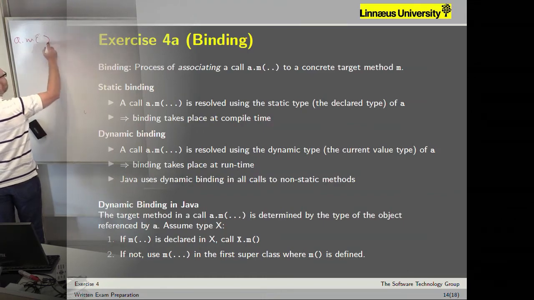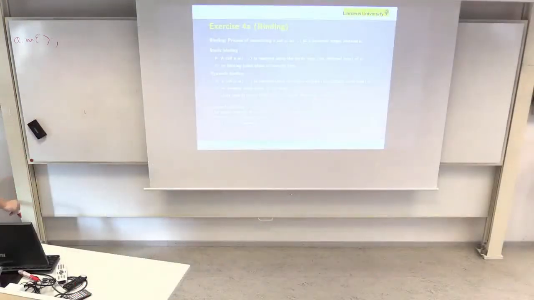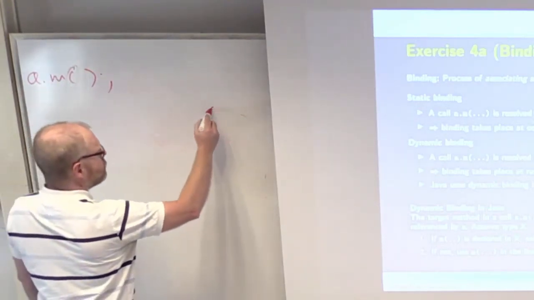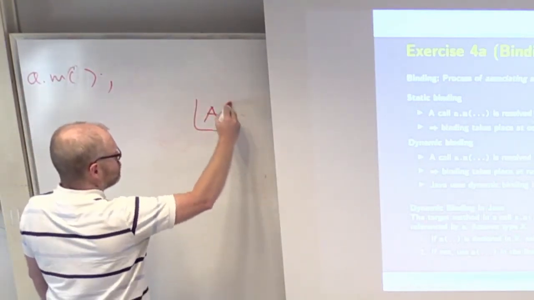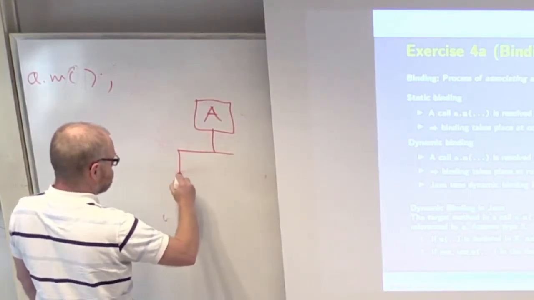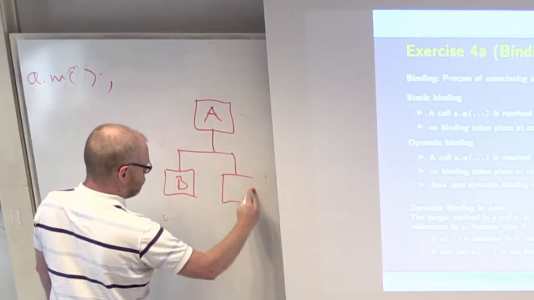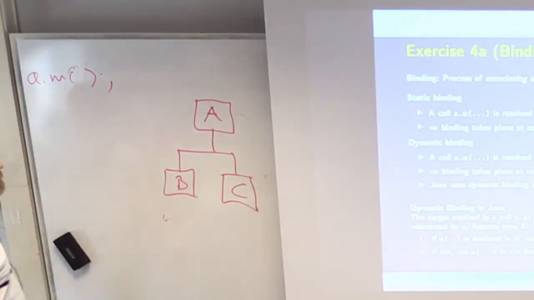Somewhere in our code, we have something like this, and at execution, we are reaching this point in the program. Let's assume that we have a class hierarchy that looks like this. We take a look at what is the object in here.